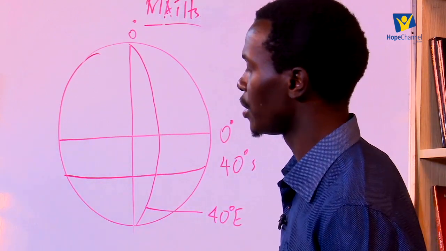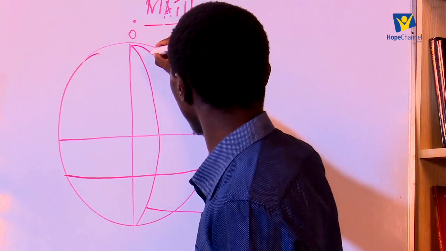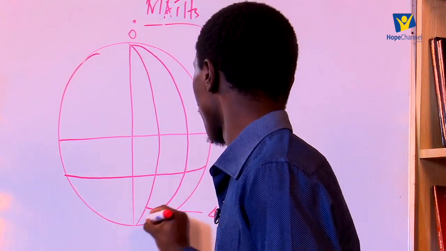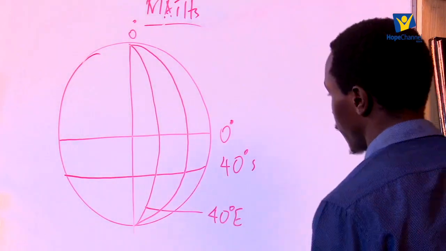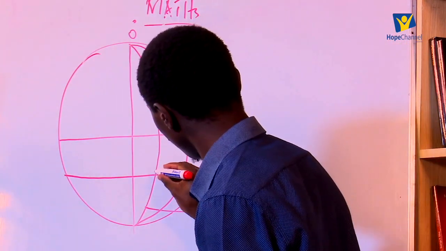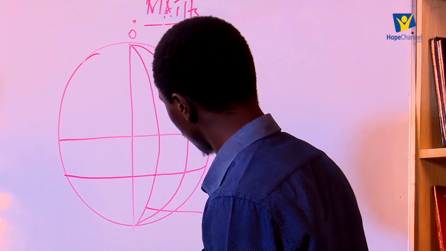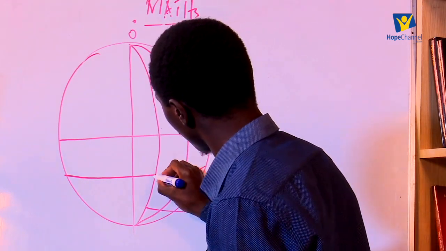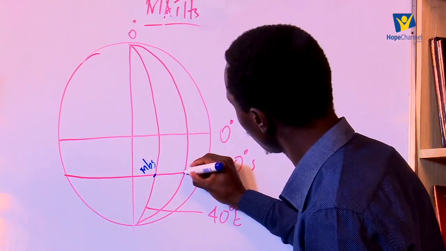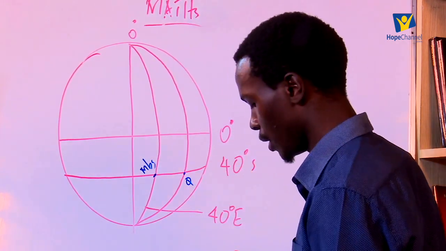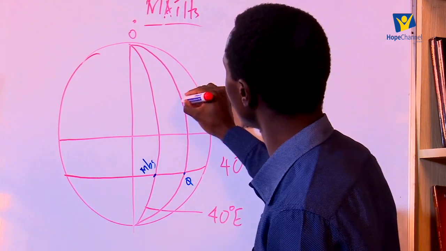We also have another point Q. So at this point here we have Mombasa, and then we have Q at these other points, which is 51 degrees east.